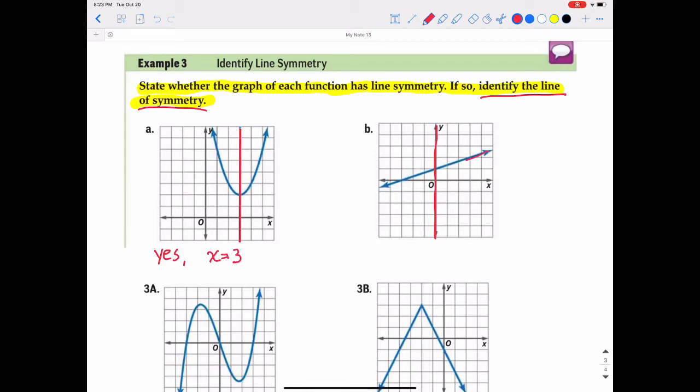This part of the line up here is going to wind up going this direction, and this part of the line down here is going to wind up folding over and going this direction, which means it's not folding on top of itself. So this is a no. It does not have vertical line symmetry.